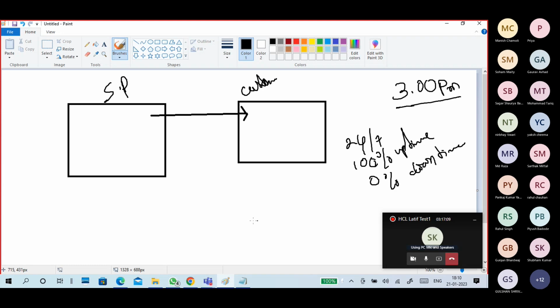Like this, we are agreeing with the customer on what services we are providing. That we call an SLA. SLA is between the service provider and the customer.